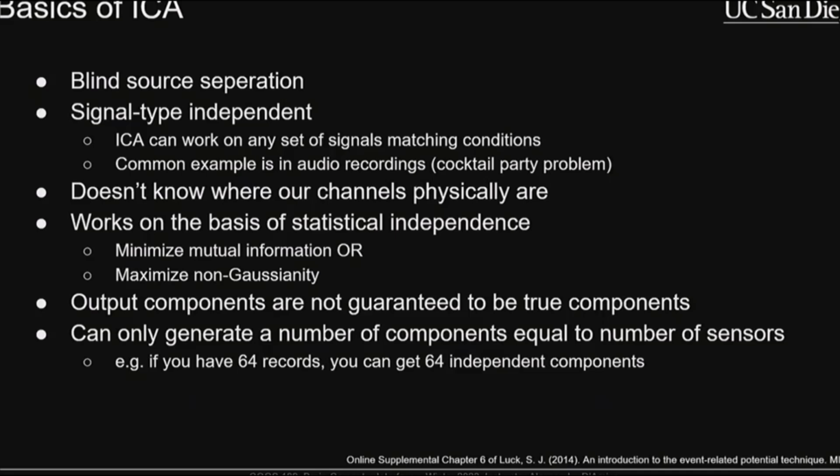So if you have a bunch of electrodes that are over the occipital cortex, you still can run ICA on all of those electrodes, but you might not be able to separate it into the same artifactual components that you would have gotten otherwise.